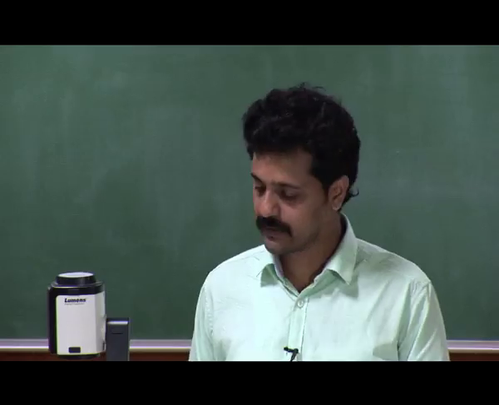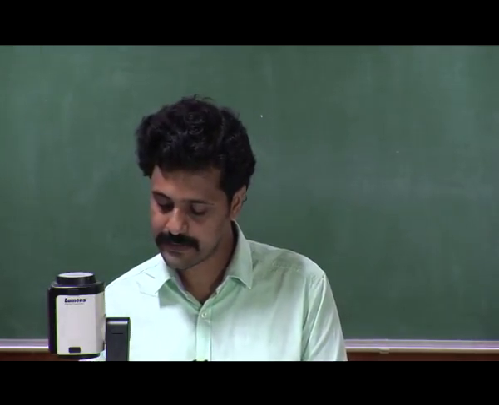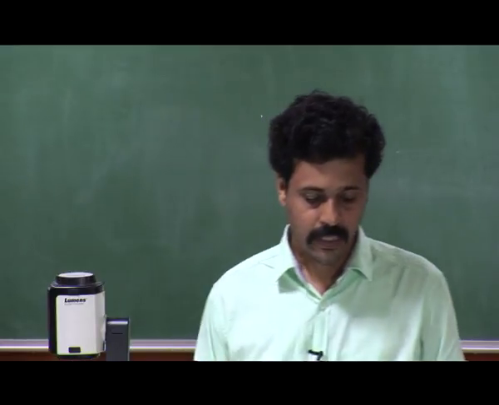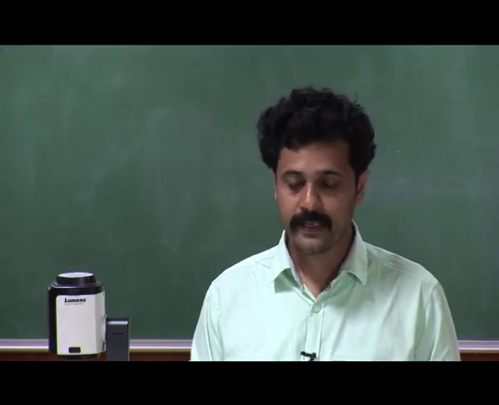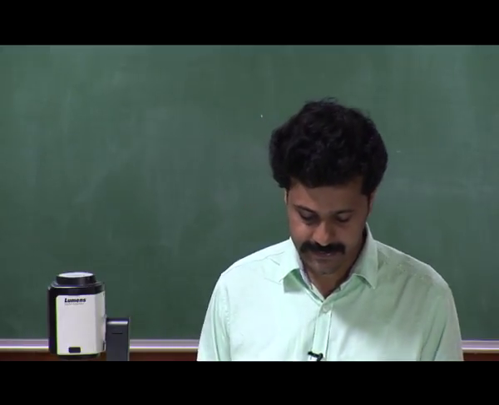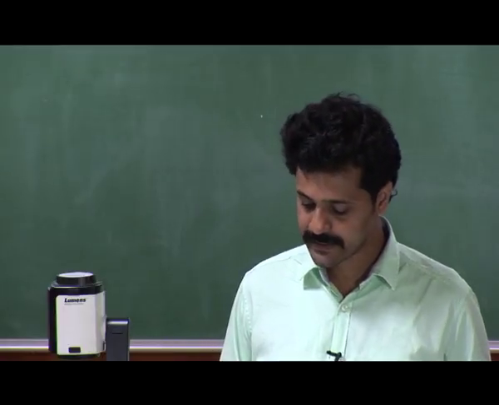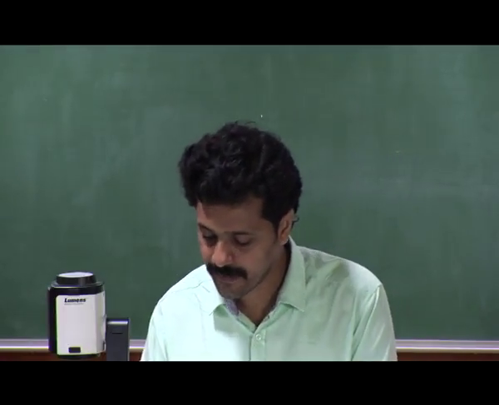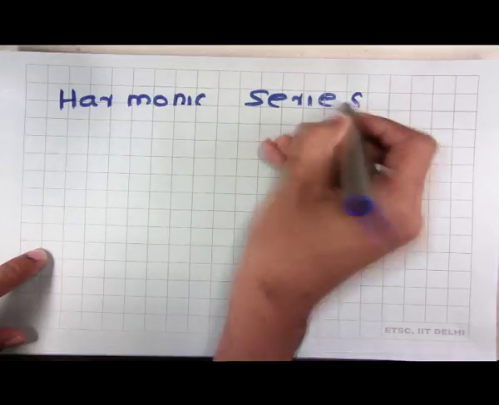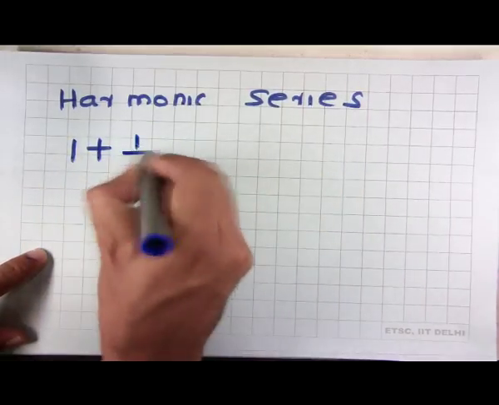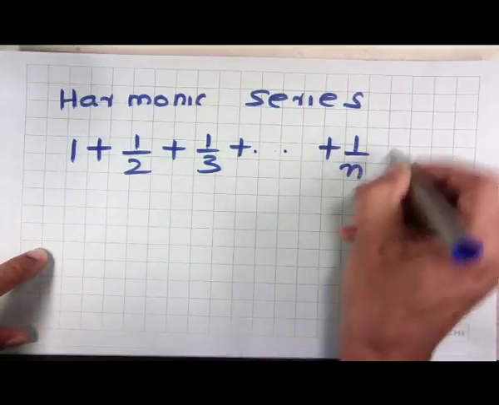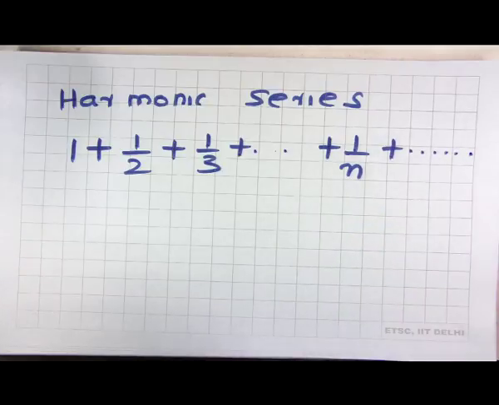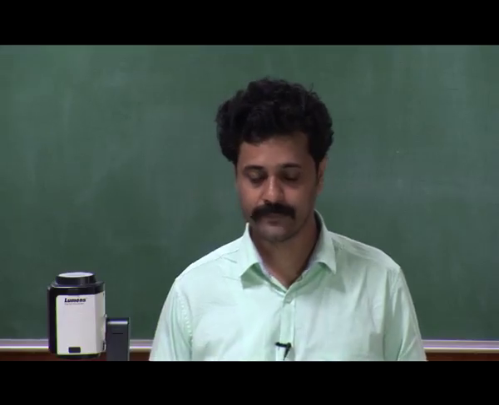Let me make a remark in this context based on this example. Those who are familiar with sequences and series, especially infinite series, might have noticed that harmonic series, namely the infinite sum 1 plus 1 by 2 plus 1 by 3 plus etc. plus 1 by n plus etc. This is an important series occurring in the study of infinite series.